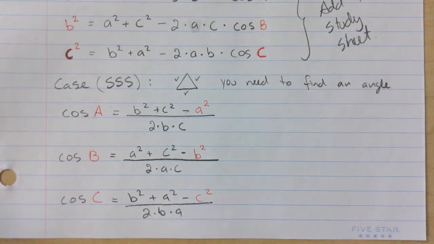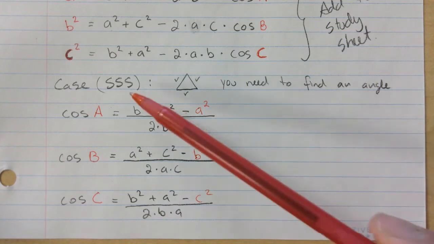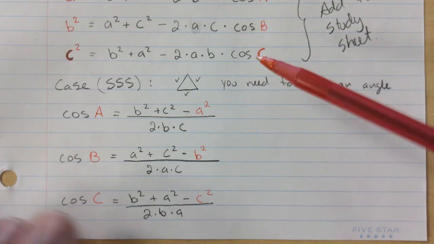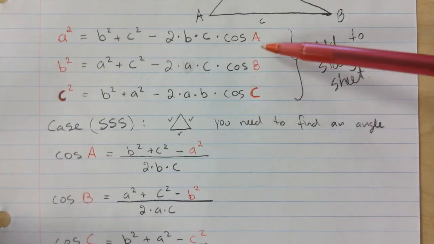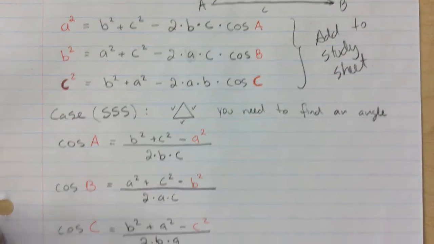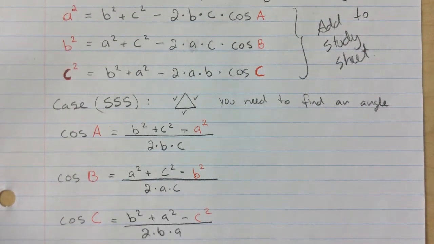So those are your three versions. One of these you're going to be using if it's an SSS scenario, and you're going to want to use one of these three if it's an SAS scenario. Okay, so there you have it.